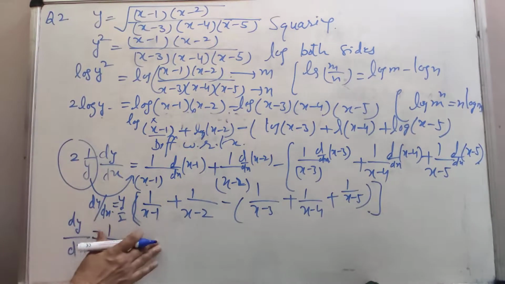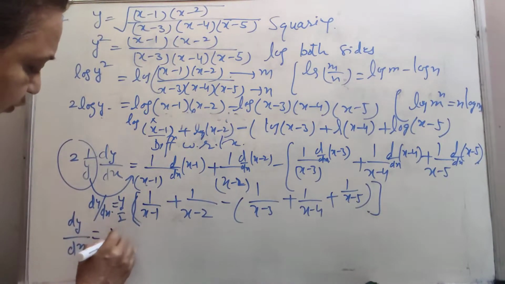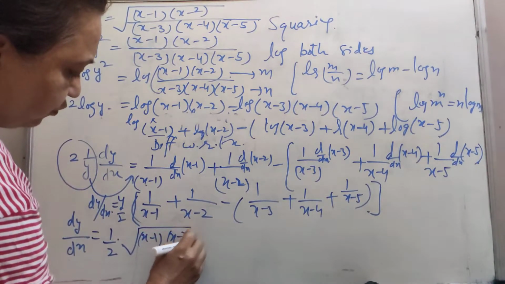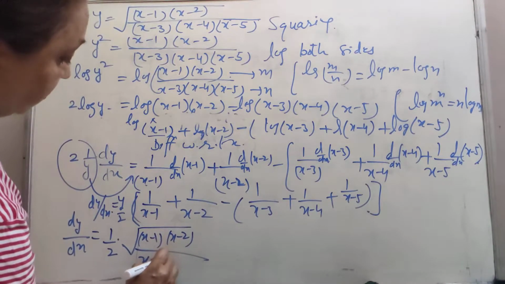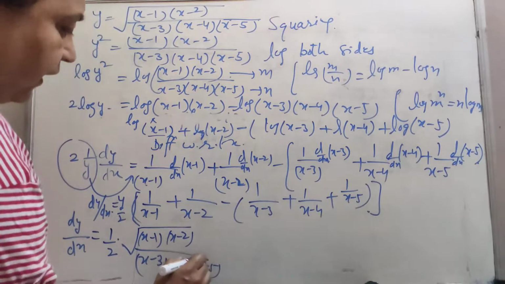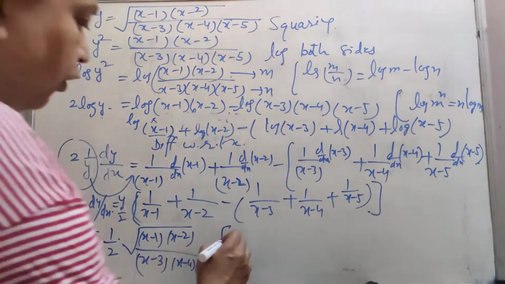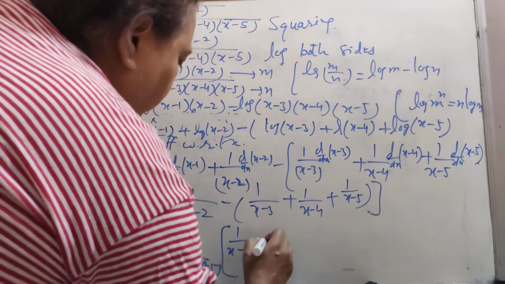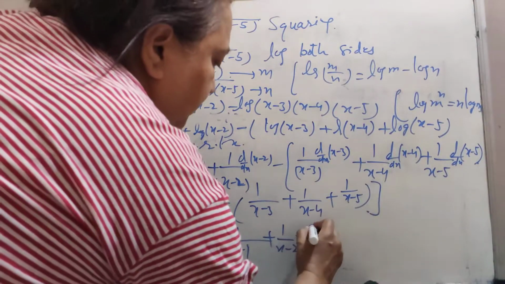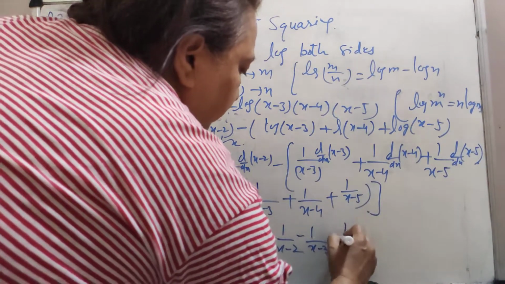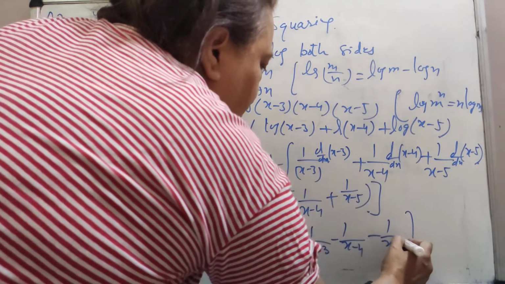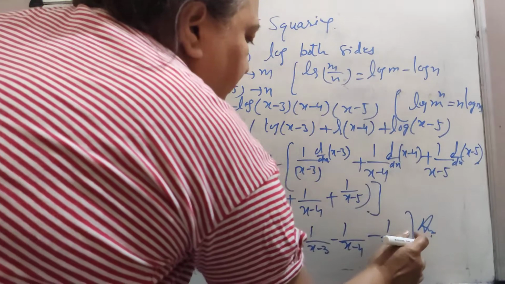The whole value you have to write. So 1 over 2 into under root of (x minus 1)(x minus 2) over (x minus 3)(x minus 4)(x minus 5), and the big bracket of 1 over x minus 1 plus 1 over x minus 2, minus 1 over x minus 3, minus 1 over x minus 4, minus 1 over x minus 5. That's all. This is your answer.